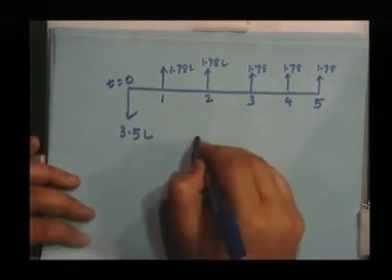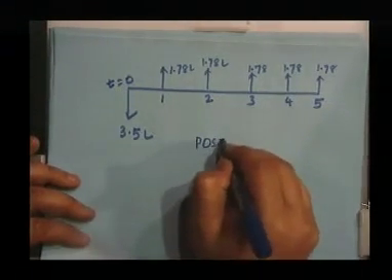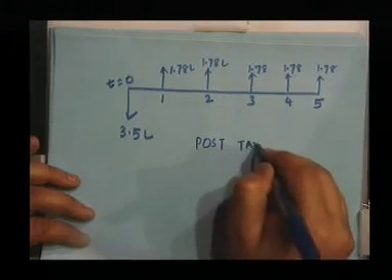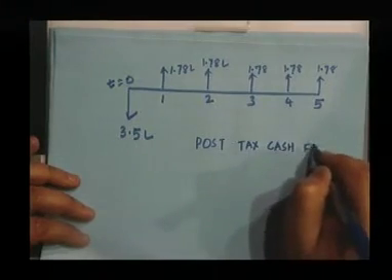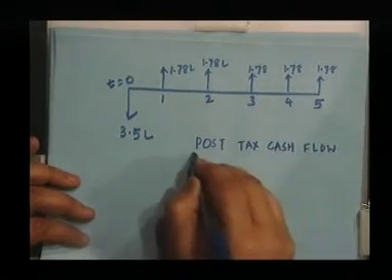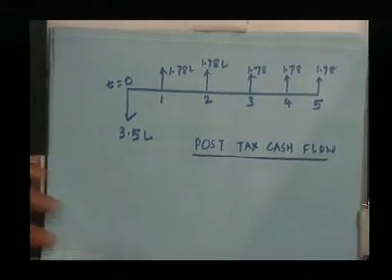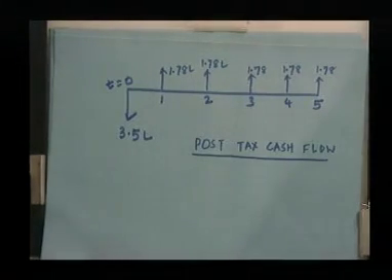This is at t equal to 0. Now, this is what I call the post tax cash flow diagram, using which method of tax depreciation? Using the straight line method of depreciation. Now, if I am using a different method of depreciation, for example the sum of years digit method, every year my depreciation would be different.